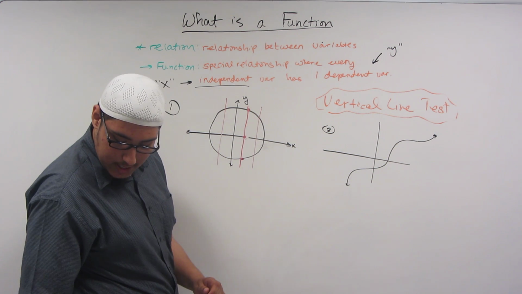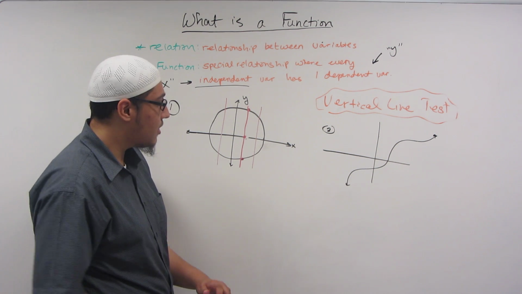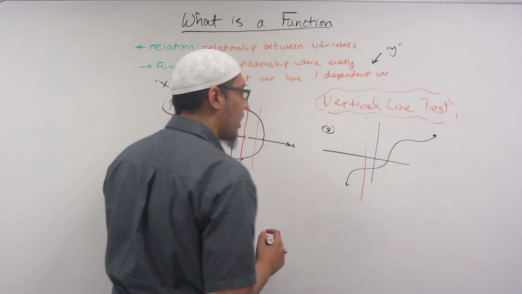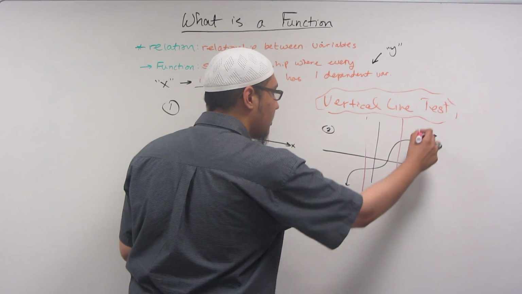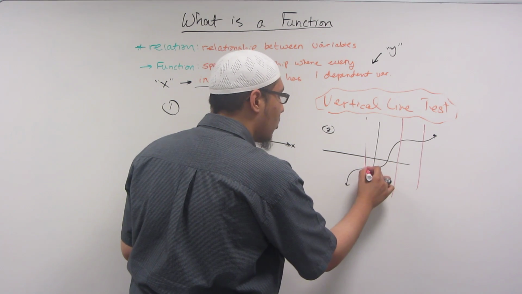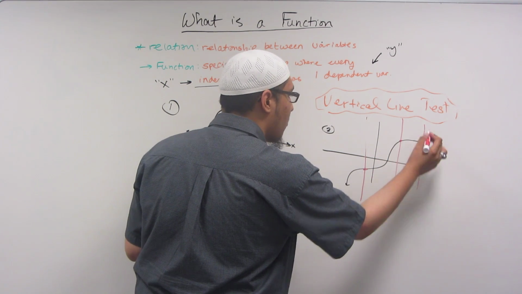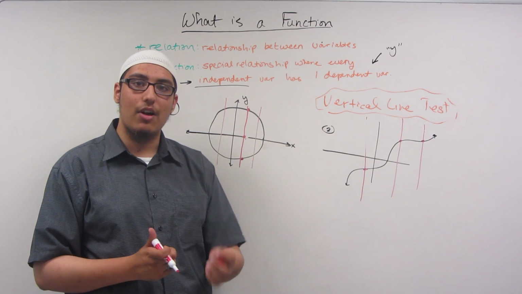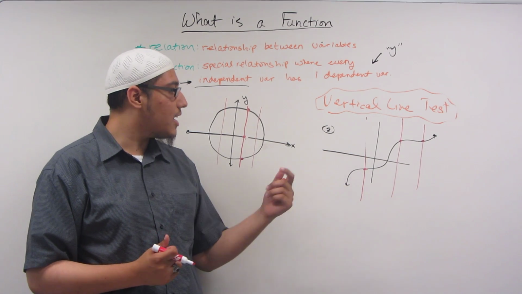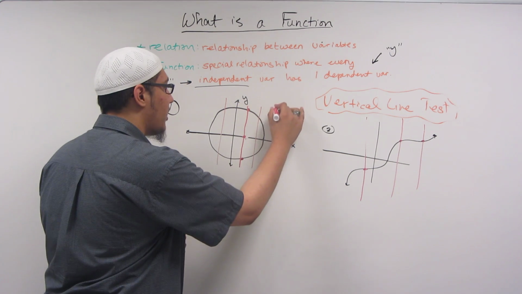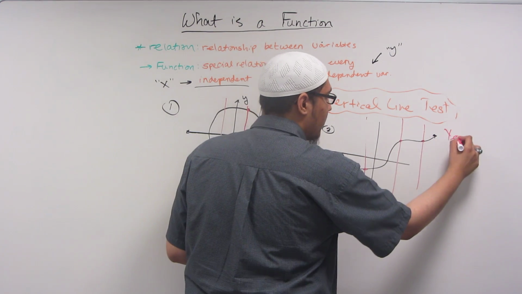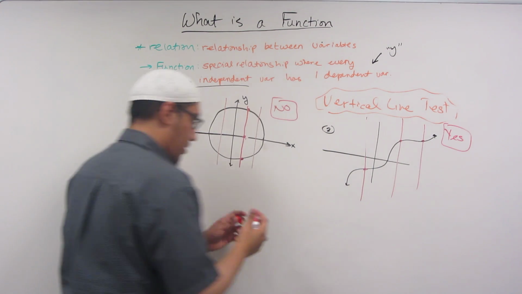If I were to take my marker and draw a vertical line here, I can see that at each separate time I draw the line, I touch only 1 point. If I touch only 1 point, what that means is that this is a function. This relation is a function. So I will write no over here, that no, this is not a function, and yes over here, that yes, this is a function.